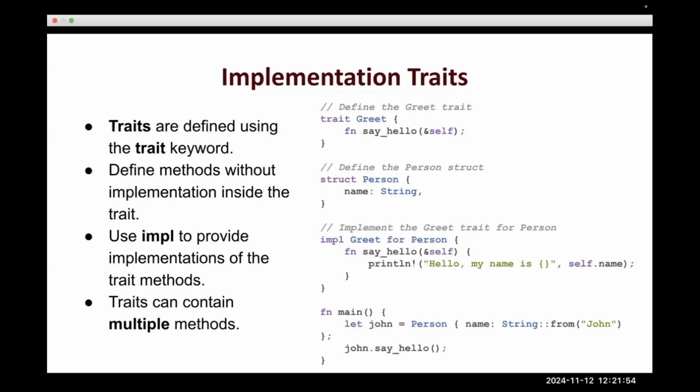Again, the structure is nothing more than a customized type, so that means you can define this trait for different types of data. And also, one single trait can contain multiple methods.